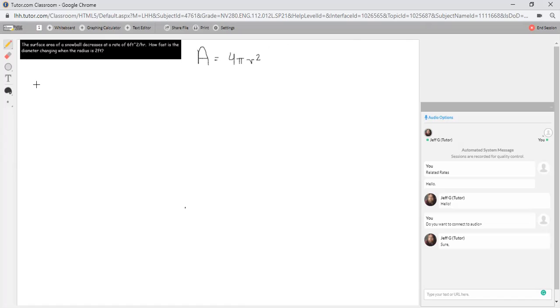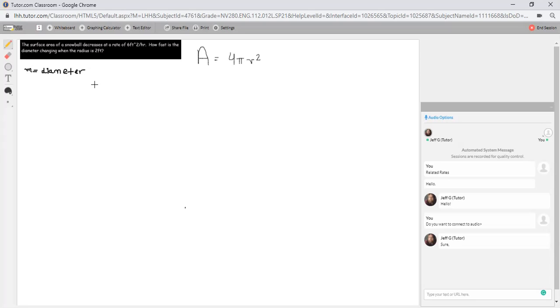It's asking how fast the diameter is changing, so I don't want to write dd over dt. Let me have m symbolize the diameter. Sure, that's probably a good idea. Yeah, dd is not good notation.